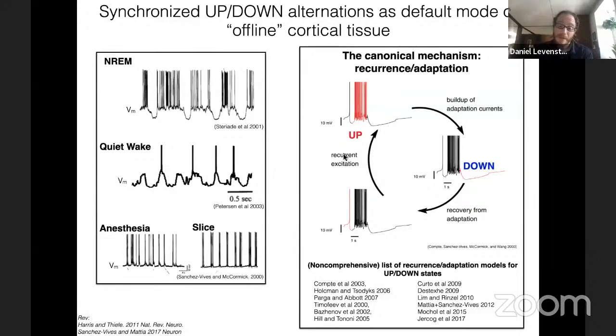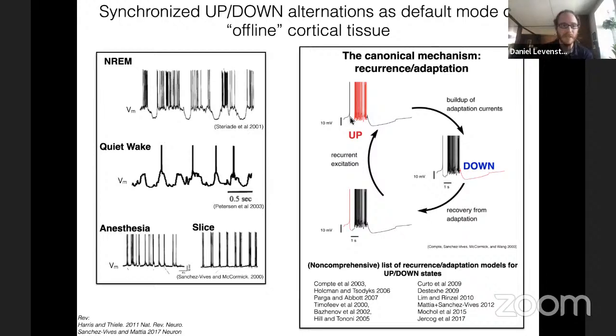During the up state, recurrent excitation maintains activity in the network, but you also have the buildup of adaptation currents, which eventually are strong enough to bring the network into a down state. The network then is able to recover from adaptation because no one is spiking. And then eventually the population is able to bring itself back into the up state, either due to the loss of this adaptation current or the effect of noisy fluctuations, which set off this chain reaction again.